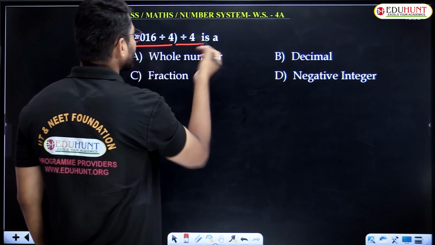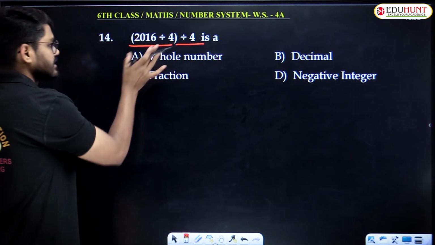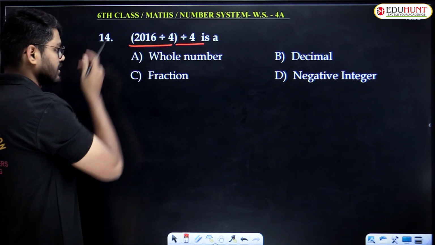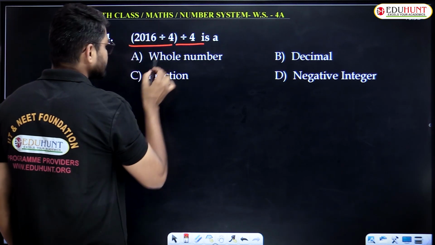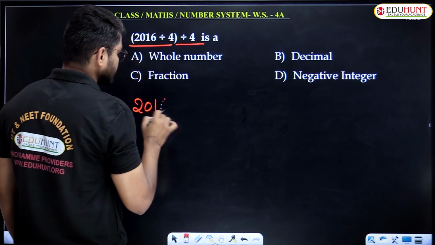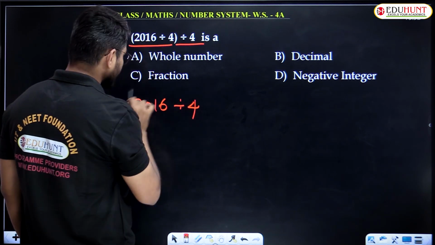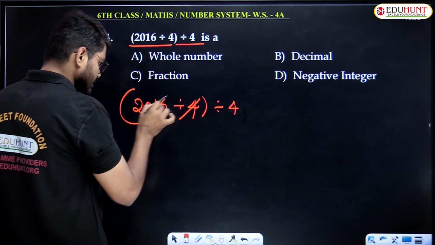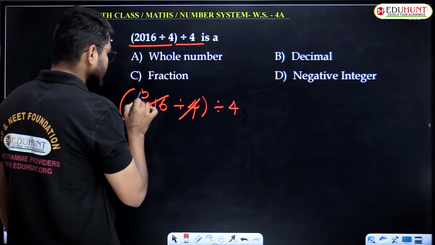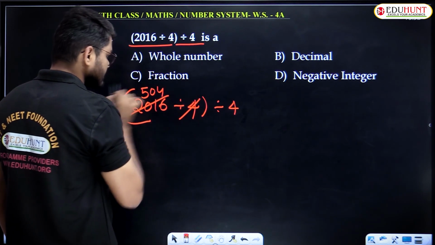2016 by 4 is a... Okay, the same model question we have done in the previous section. 2016 divided by 4 divided by 4. First cancel this one. 4 ones are 4, 4 fives are 20, 4 fours are 16, 0.